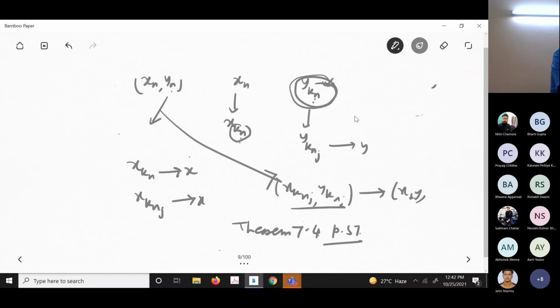In fact, if I have R cube, then again I'll have to start with this subsequence ykn_j, and then x, y, z, to zkn_j, and then I'll have to take this subsequence. That's the way I'll have to continue. Make sure you read this and try to understand the intricacy in the proof, because that will give you a precise understanding of subsequences.